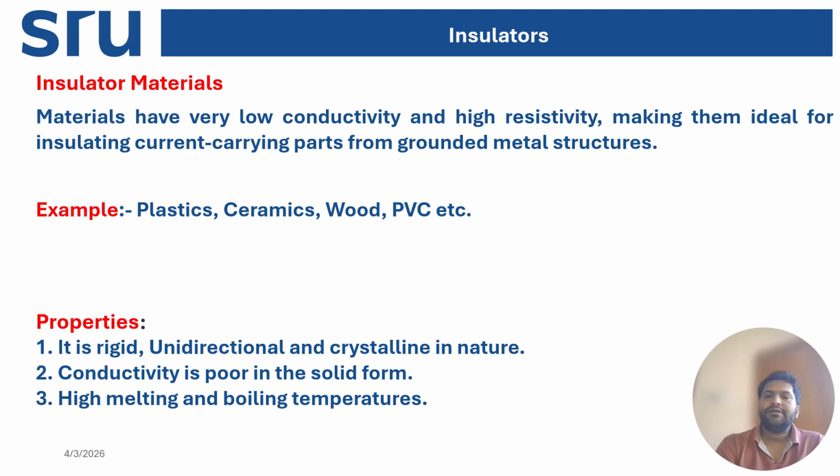As a result, electric current can't pass easily through insulator materials. Examples are rubber, glass, plastic, wood, mica, ceramic. These materials are widely used in electrical and electronic systems for safety and protection purposes.